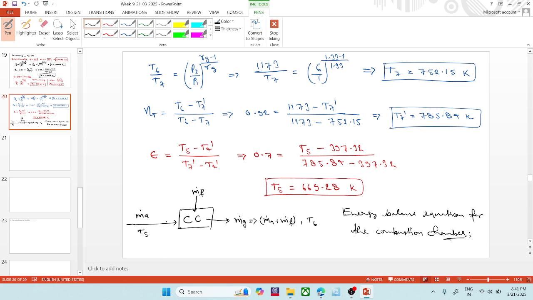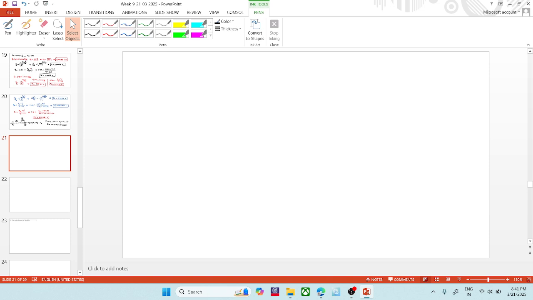From beyond this point, I will only hint how to do the problem, and then you have to try it by yourself. So these are point 1, point 2, and point 3. At point 1 the air is entering, at point 2 the fuel is entering, and at point 3 the combustible products are leaving.